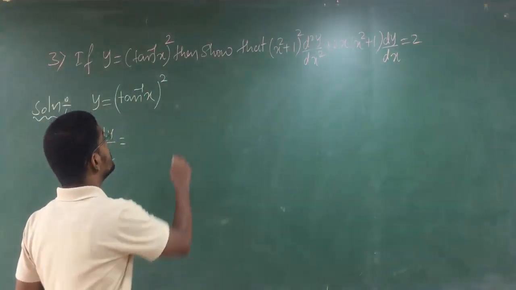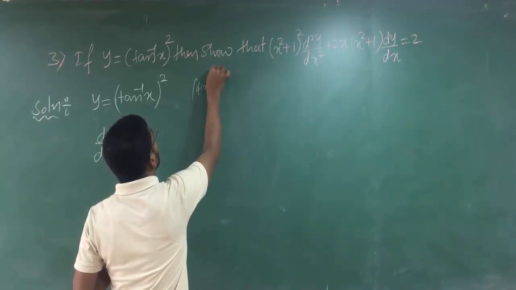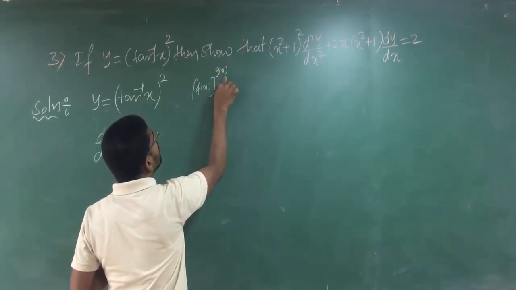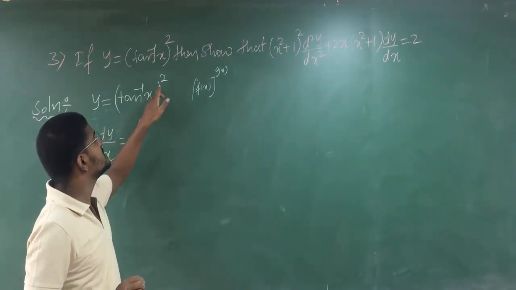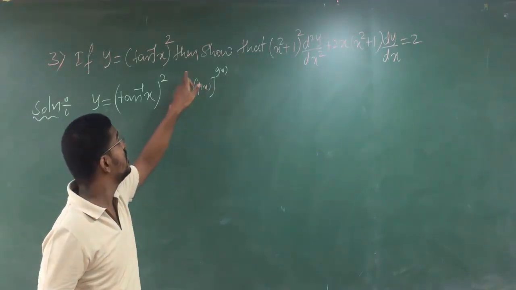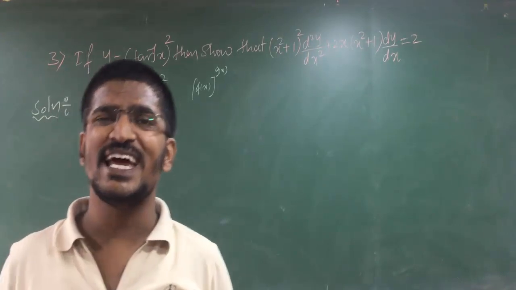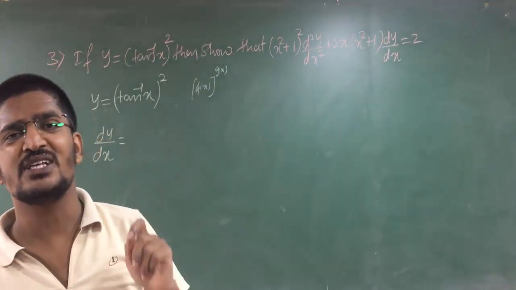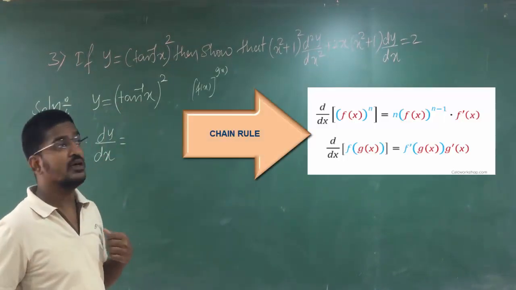That means it is in the form of f of x to the power of g of x. Here g of x is constant, that is 2. Tan inverse x is f of x, and g of x is the constant function, that is 2.